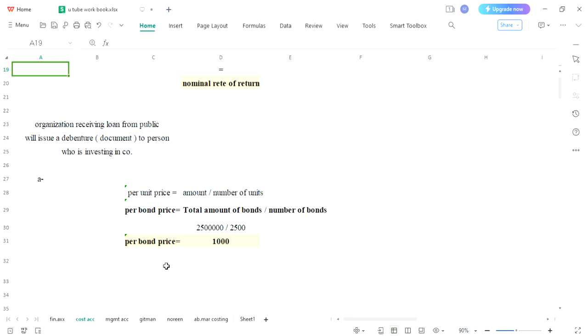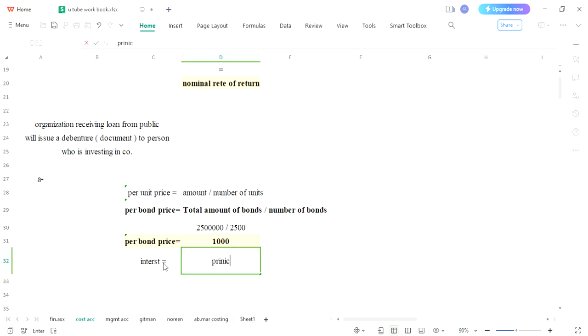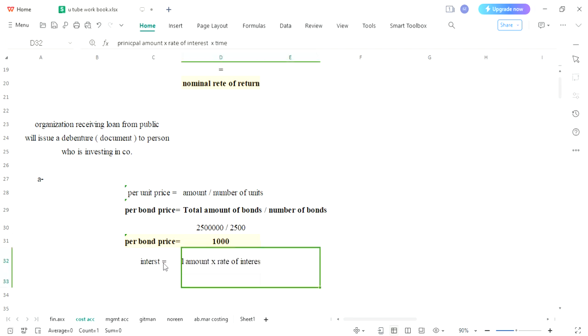For that you need a formula. Interest can be calculated by taking principal amount, then you will multiply it with rate of interest, and you will multiply it with time. This way you will get your total amount of interest.